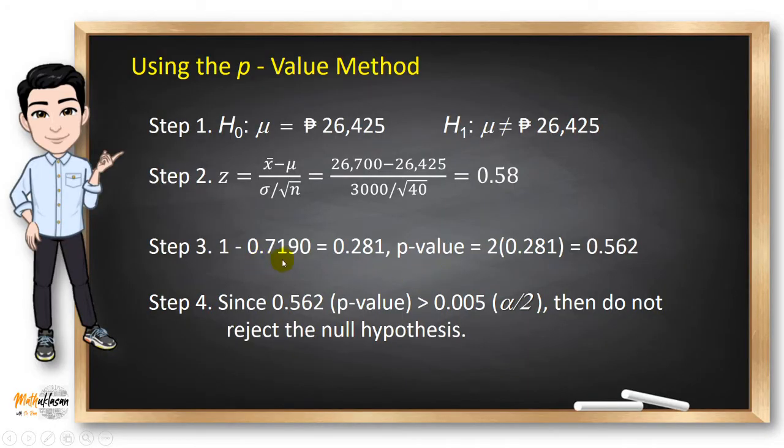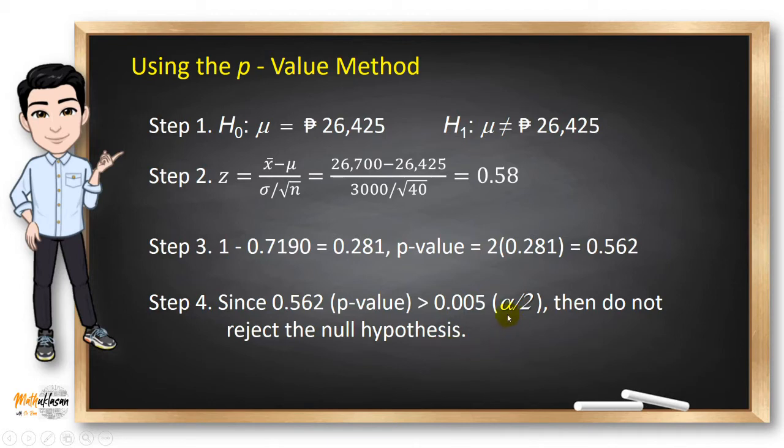Now, subtracting this value from 1, we'll get 0.281. But remember that this is a two-tailed test, so we need to multiply it by 2 so that we will have a p-value of 0.562. Since 0.562 is greater than the alpha level, then do not reject the null hypothesis.